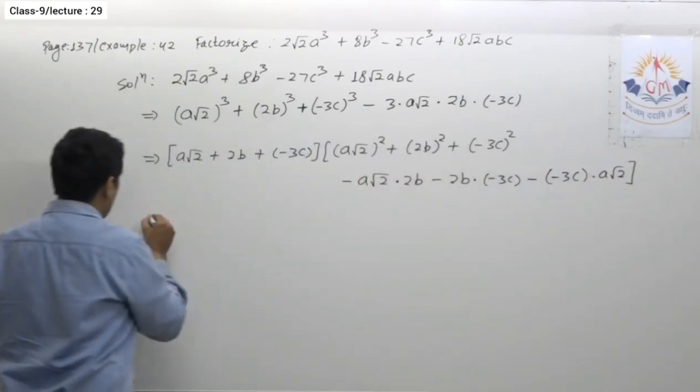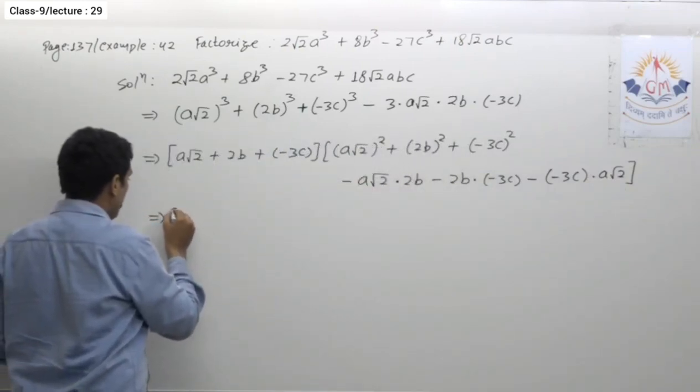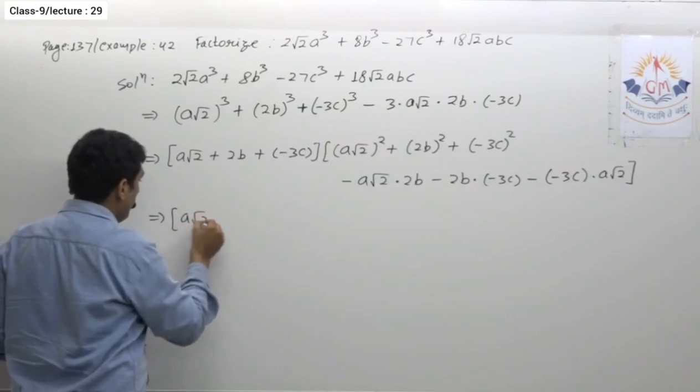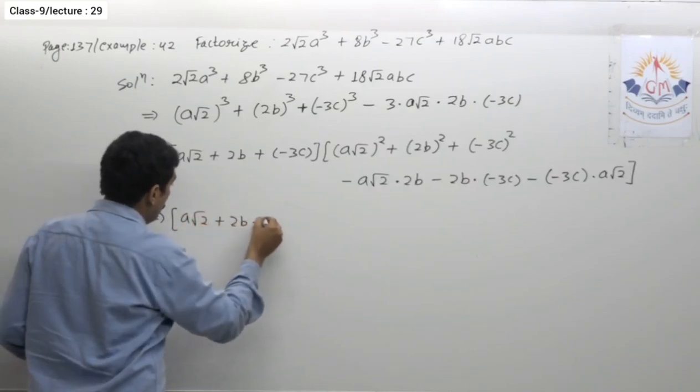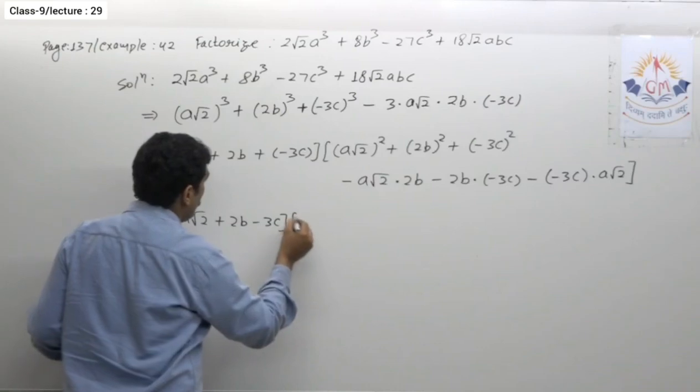Okay, so here I write the final step, a root 2 plus 2b minus 3c.